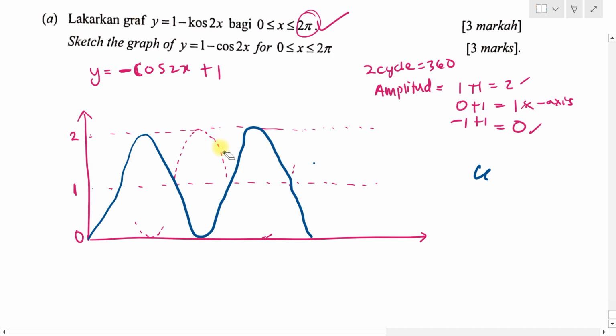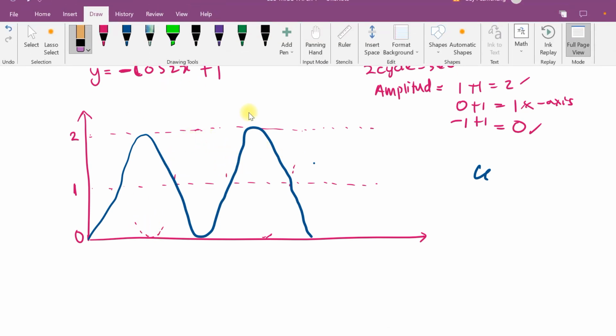Like this reflection part, I mean the original part, you need to erase it properly. And then there is your graph.